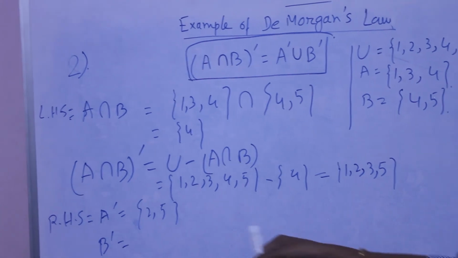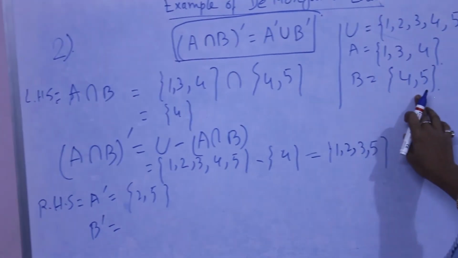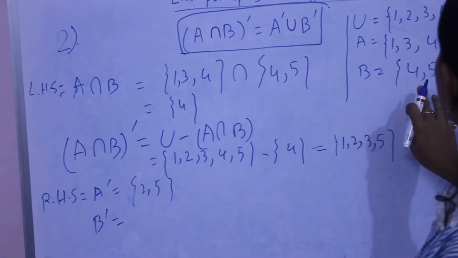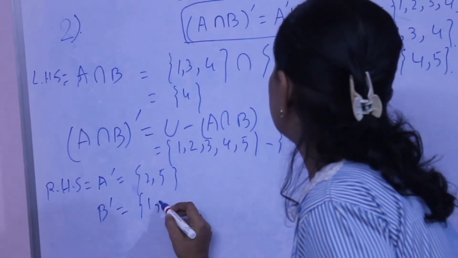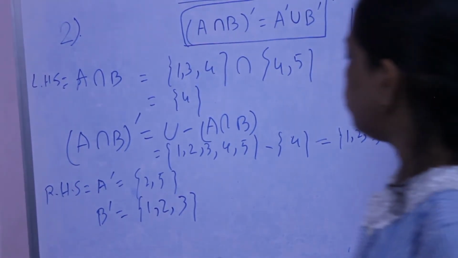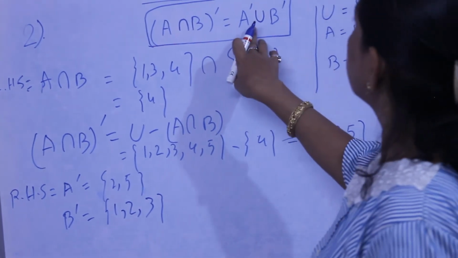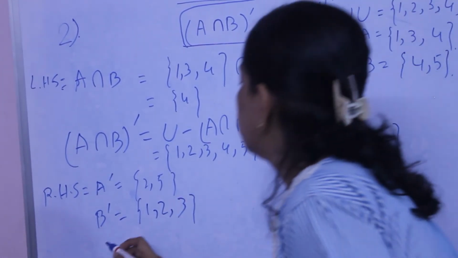So B prime, that is B complement, equals the elements present in the union set but not in set B. So what is this? 4, 5 I will strike. 1, 2, 3. So now I take A complement union B complement.